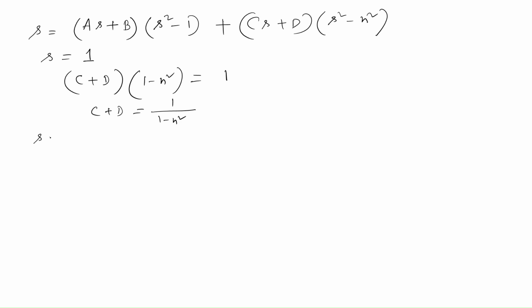Now let us put s equals to minus 1, then we'll have here minus C plus D, rest of the terms are same, 1 by 1 minus n square. Now if we do the simplification with these two equations, say this equation is 1 and this equation is 2.